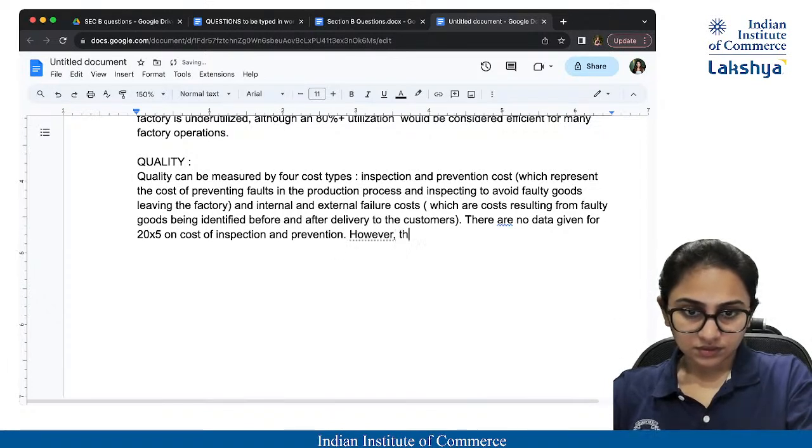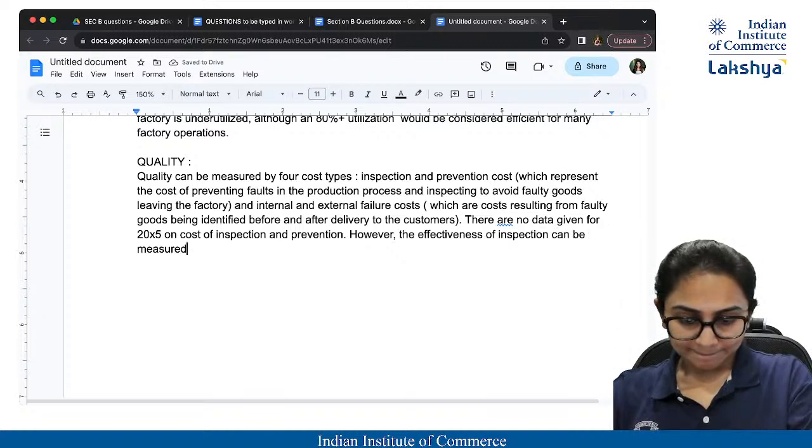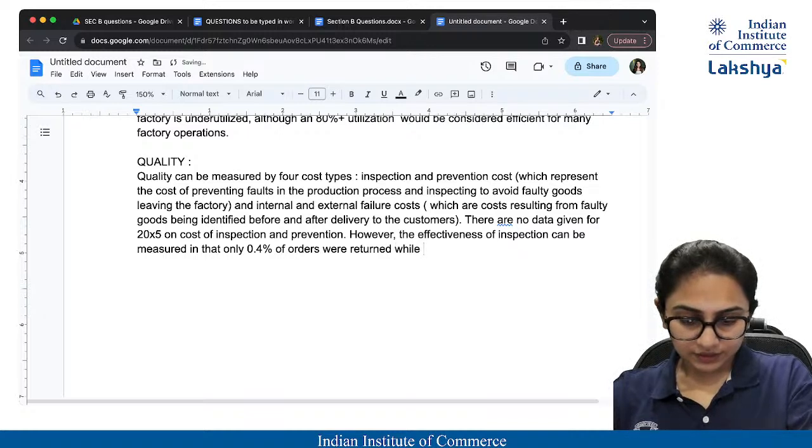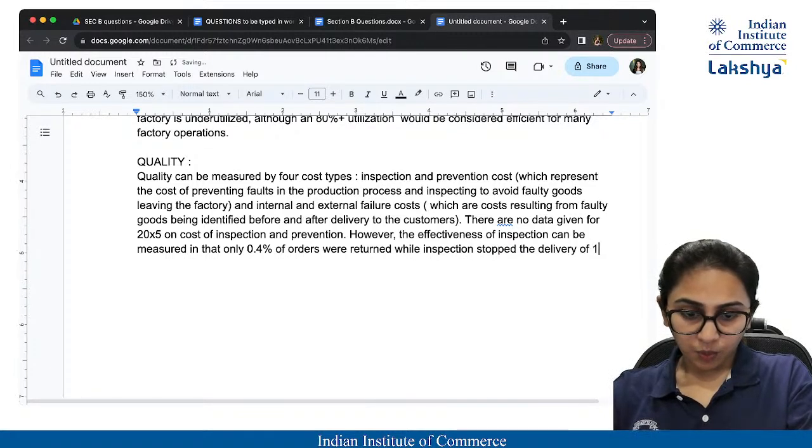However, the effectiveness of inspection can be measured in that it's clearly given only 0.4% of orders were returned, while inspection stopped the delivery of 1.5% of faulty goods.